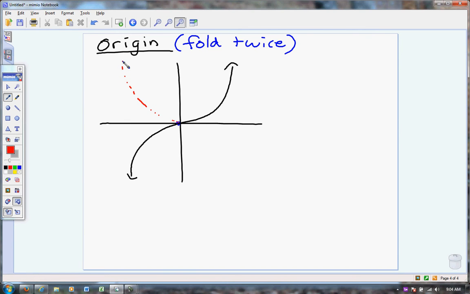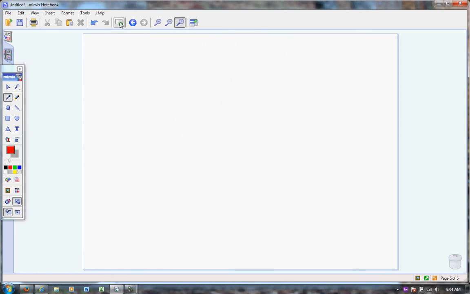And then if I folded it down across the x-axis, do you see it would lay right on top of this? So if you fold it twice and it lays on top of itself, then it is symmetric about the origin.